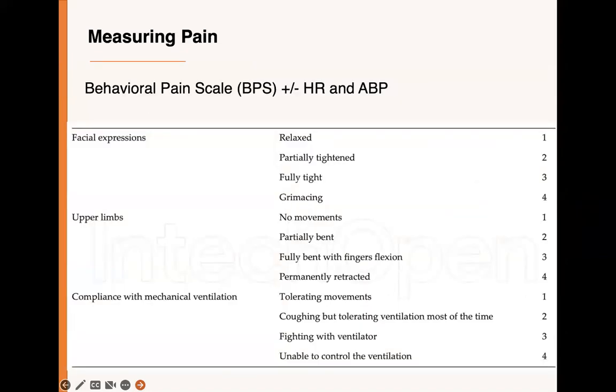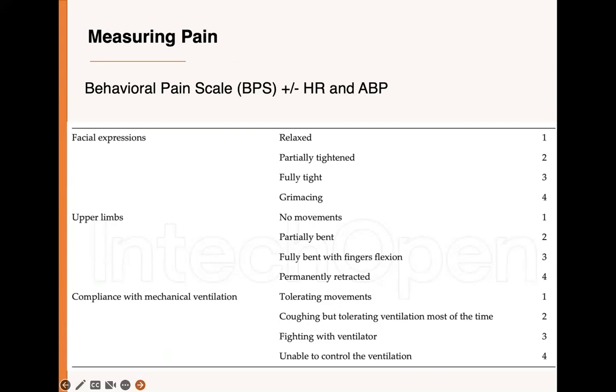For those patients who are non-verbal and sedated, and cannot communicate, we have tools where we assess the behavior of the patients. So we have the behavioral pain scale, plus or minus physiological parameters, that is heart rate and arterial blood pressure. The behavioral pain scale has 12 points. We have the behaviors that we need to assess, and on the right side, numbers showing the score.